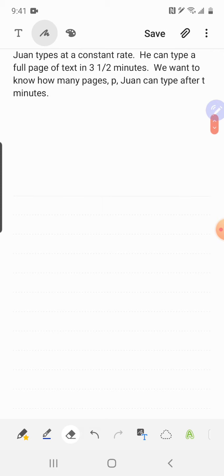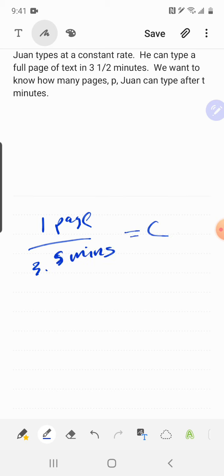So with this being said, we know that our constant rate is 1 page per 3.5 minutes. That equals our constant rate. But we want to know how many pages P Juan can type after a certain amount of minutes. So we need to create a formula for that. So that goes back to this.